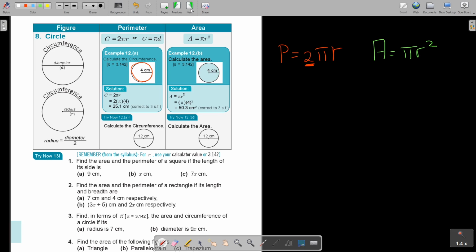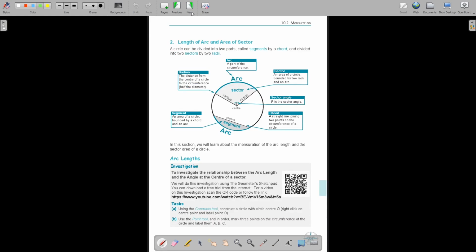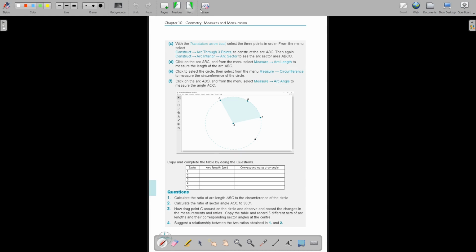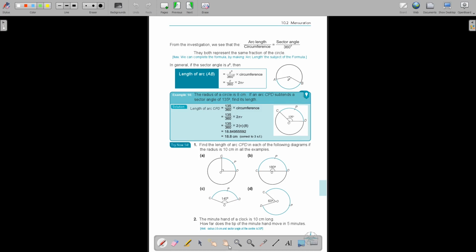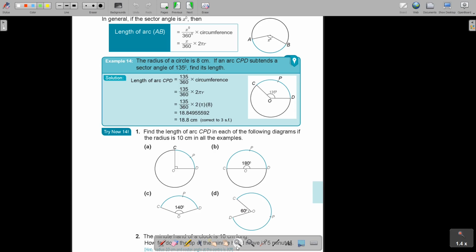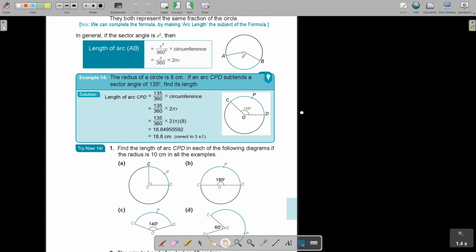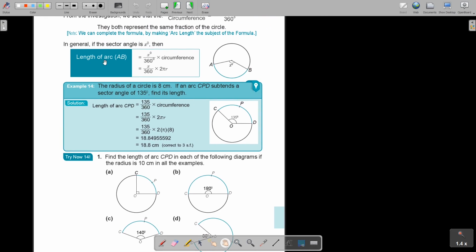And then I just want to show you, if you come to a sector, this is also not very difficult, also very easy, and I'm mentioning it very briefly. If you want to find the length of the arc, you just need that angle.